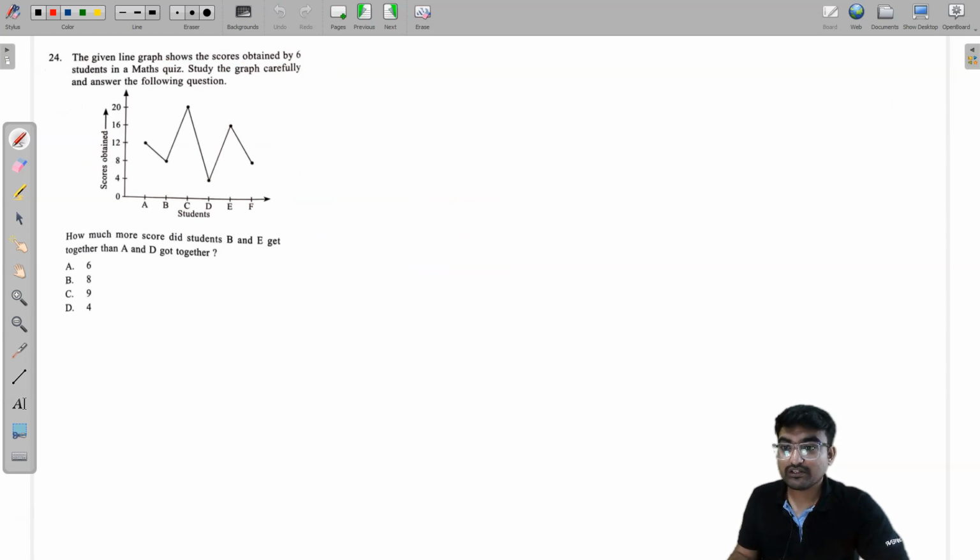Now question number 24. The given line graph shows the scores obtained by 6 students in a maths quiz. Study the graph carefully and answer the following questions. How many more scores did students B and E get together than A and D got together? Okay, so now let's just check.